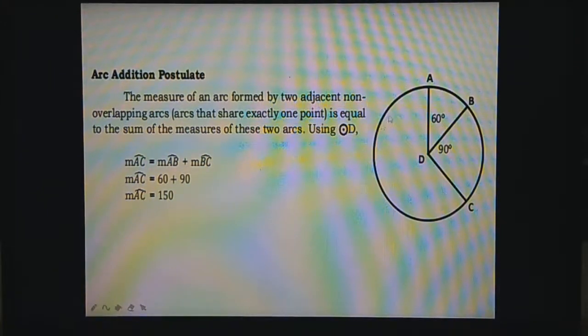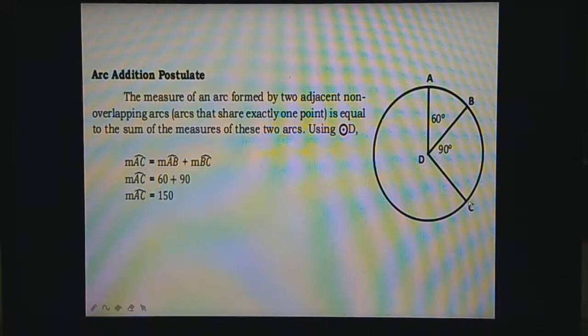The measure of arc AC, itong kabilang side na ito. So, the measure of arc AC, from this point, passing through point B, then to C. So, that is arc AC. It is equal to the measure of arc AB plus the measure of arc BC.